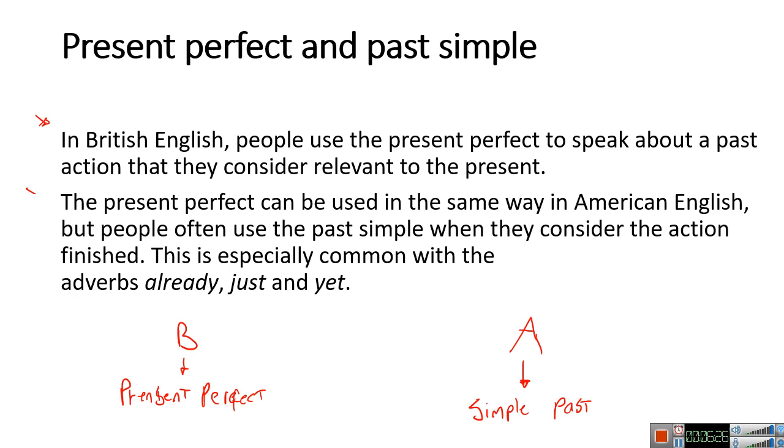It's just the same. That is the main difference between these two. Also, if you find adverbs like already, just, and yet, well, we're gonna use past simple for that. That is the main difference.